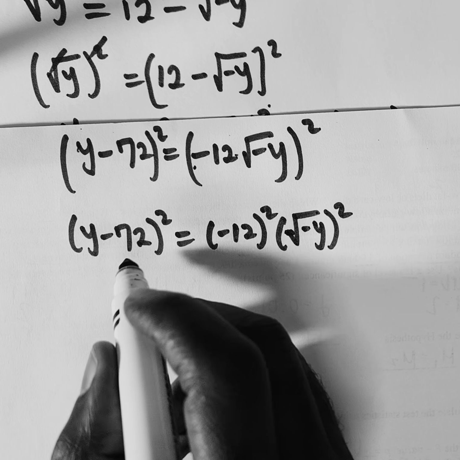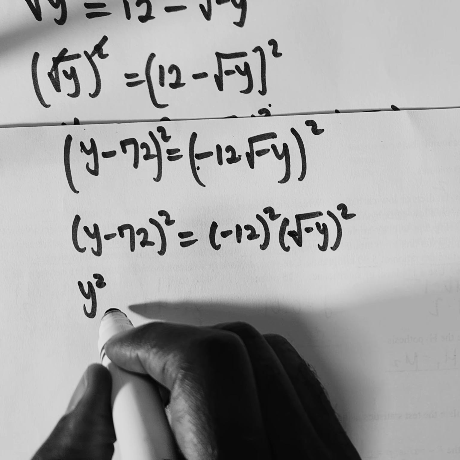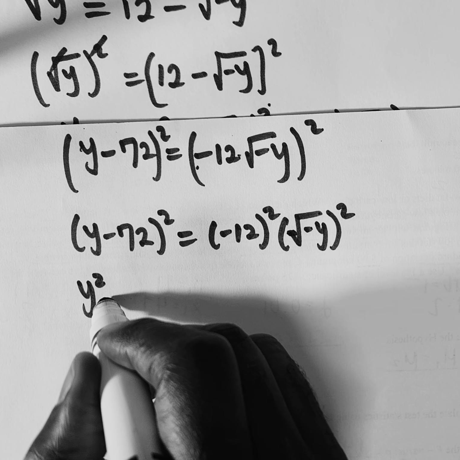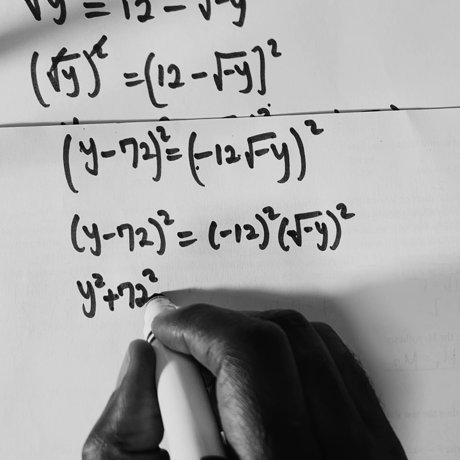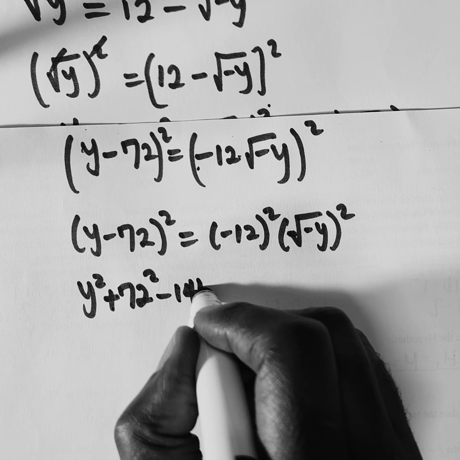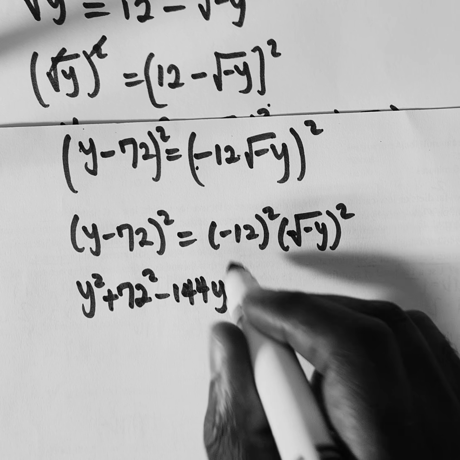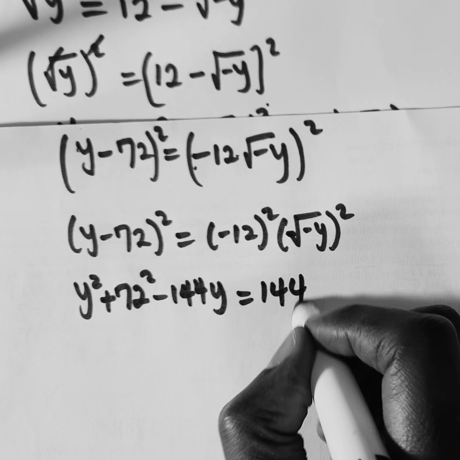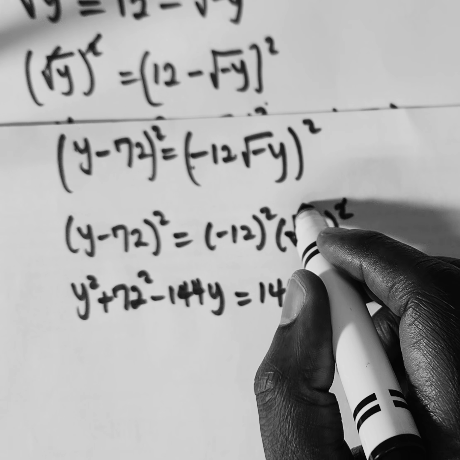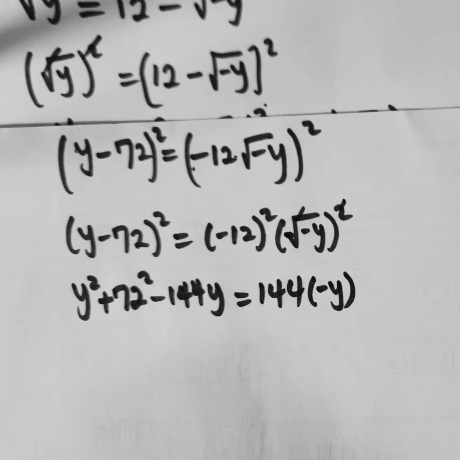So by distributing this, here we can have y squared plus 72 squared minus 144y, which equals negative 12 squared. Here is going to be 144. And this square is going to cancel the square root. Here we have times negative y.